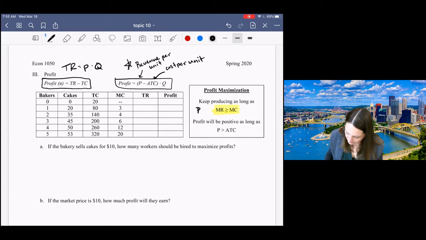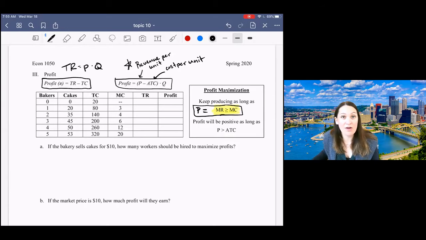So here we're assuming that price is equal to marginal revenue, and we would like to produce as long as that is higher than our marginal cost. We're going to relax that assumption once we get to topic 12, but for now, just assume that your price is equal to your revenues, and know that that's an assumption that we're making.